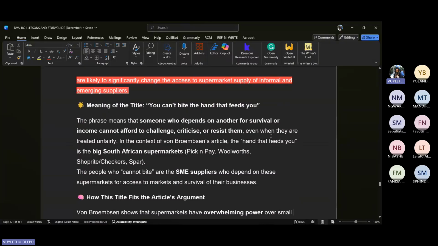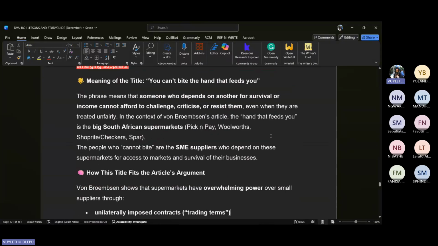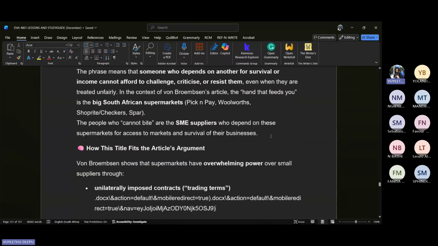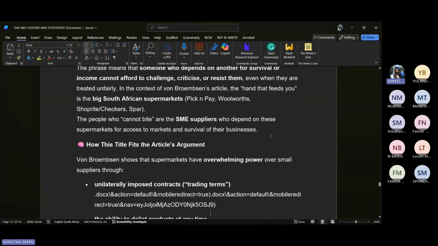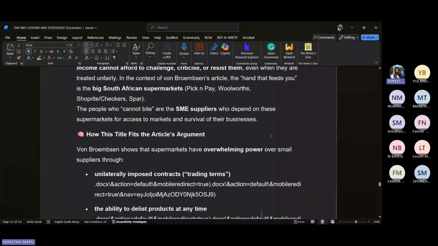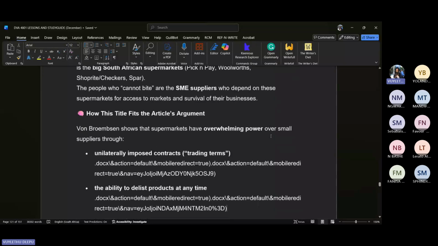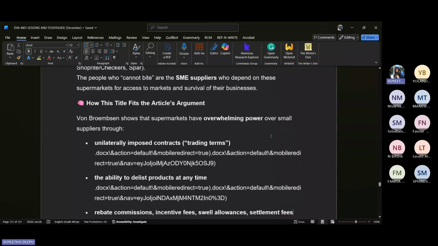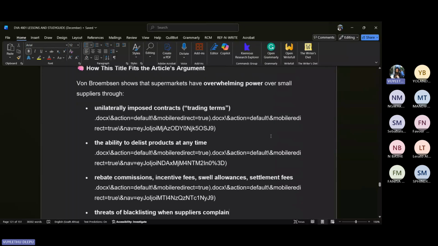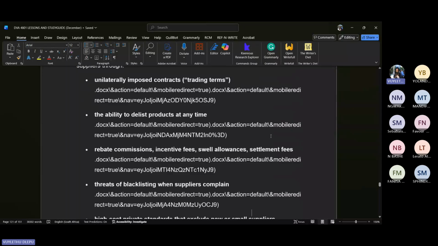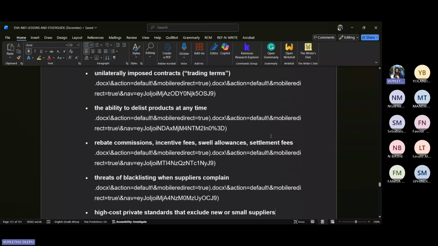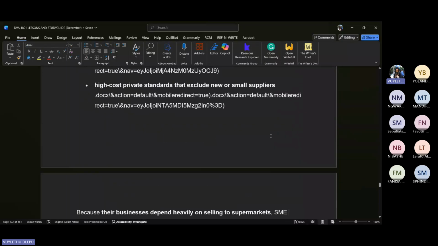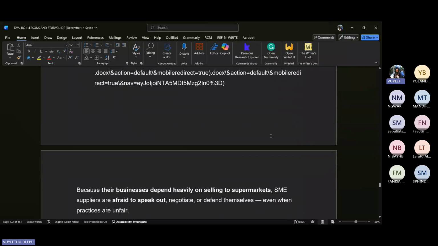The people who cannot bite are the SME suppliers who depend on these supermarkets for access to markets and survival of their businesses. Van Broomsen shows that supermarkets have overwhelming power over small suppliers through unilaterally imposed contracts or trading terms, the ability to delist products at any time, rebate commissions, incentive fees, swell allowances, and settlement fees, and threats of blacklisting when suppliers complain, and the high-cost private standards that exclude new or small suppliers.